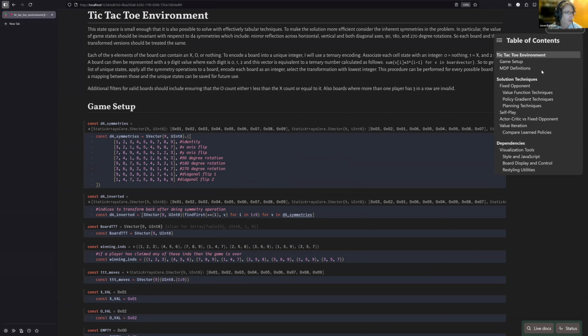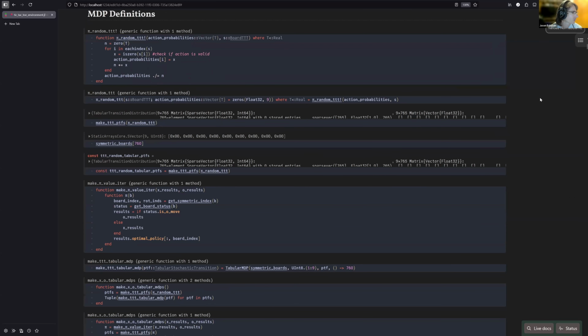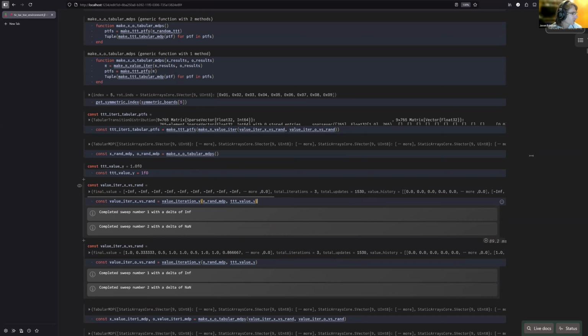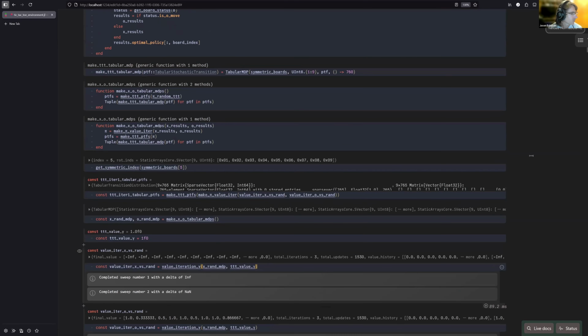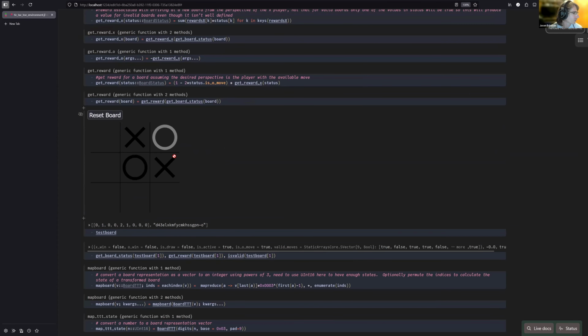But in the context of single agent reinforcement learning, what we typically talk about is, to treat this problem as a single agent problem, we have this tic-tac-toe problem here where we alternate.